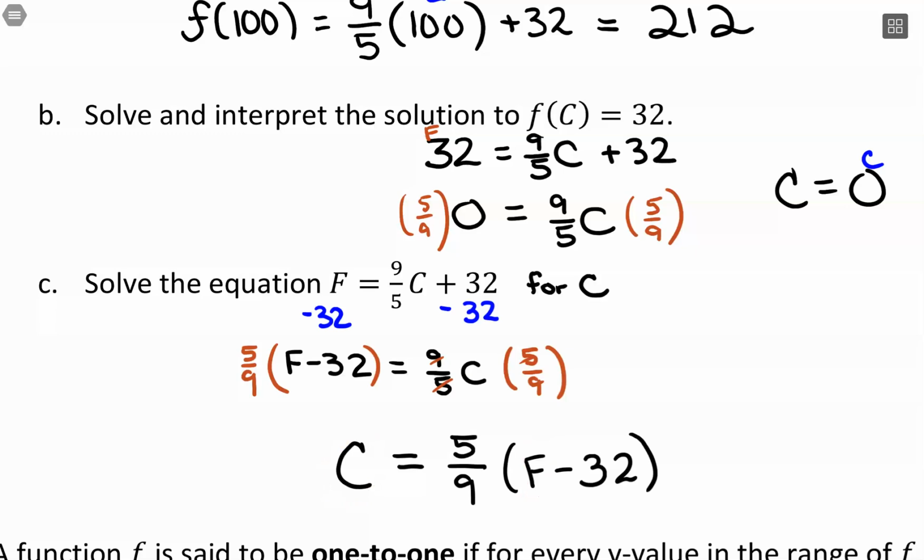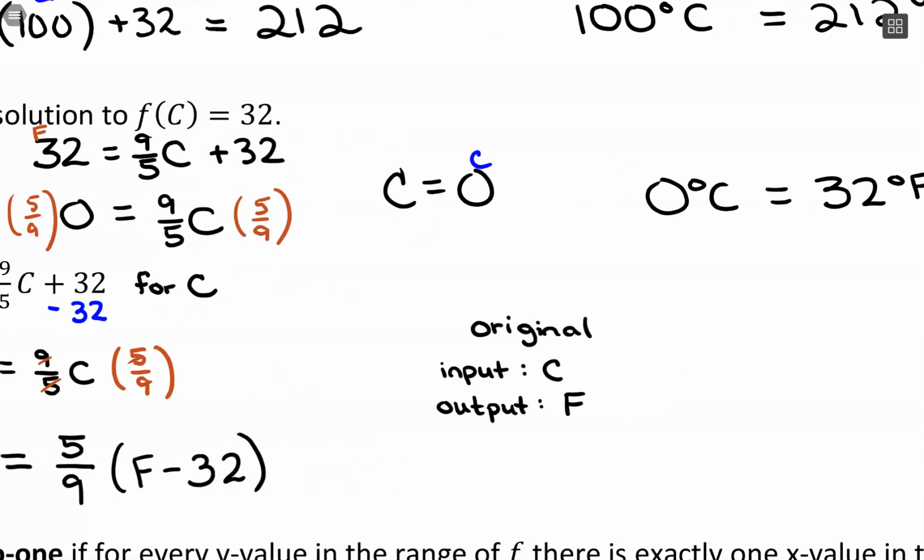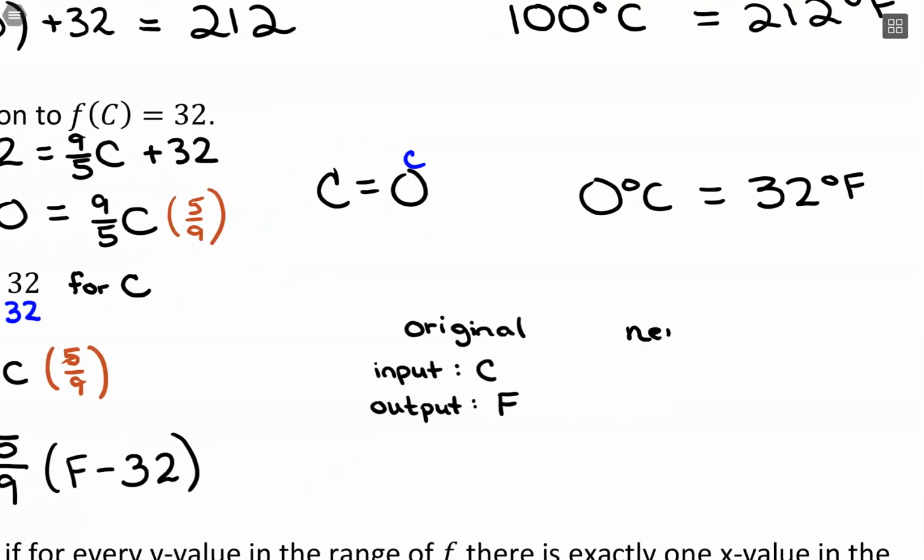And this right here is the idea of an inverse function. With our original function, we were working with input of Celsius, and we would get an output in Fahrenheit. And what we did is we got a new function where the input is Fahrenheit and the output is Celsius.